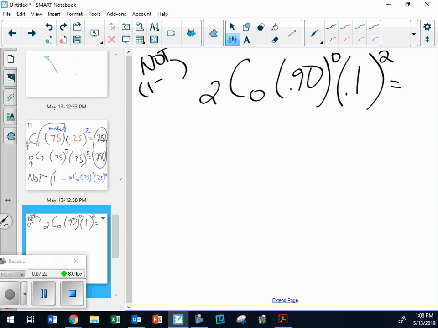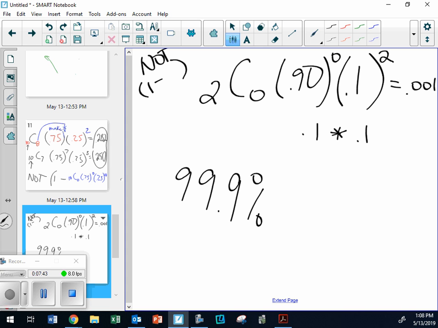But then you just got to put the decimal in the right place. And if it's 0.1 times 0.1, there's 2 decimal places. 0.001. What if I take 1 minus that? 0.999. You get there's a 99.9% chance that this guy is going to hit at least 1 of the shots.